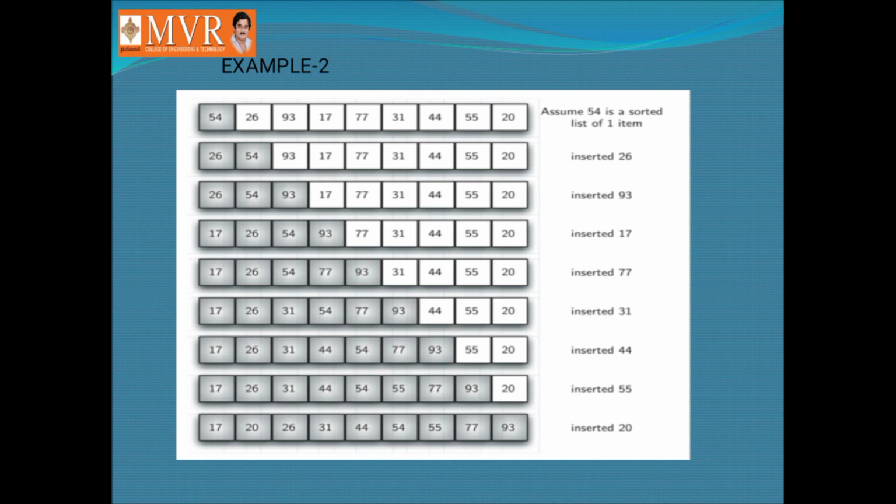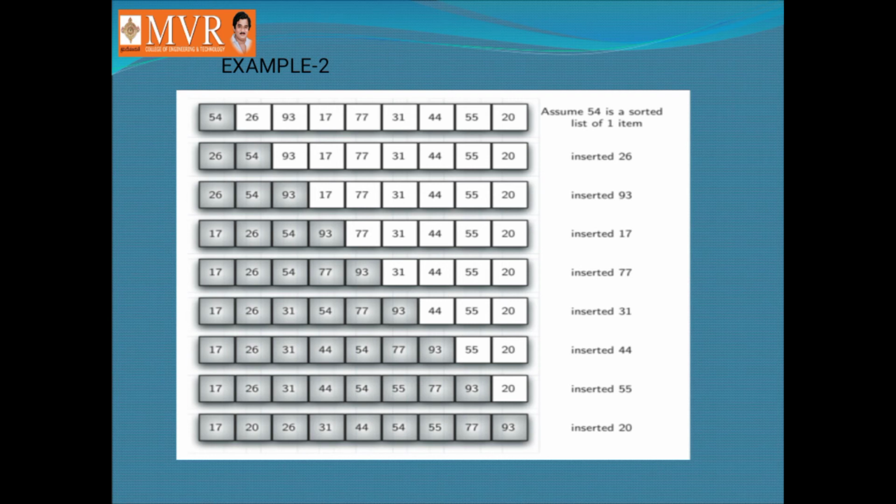I compare 55 with 93, then 77, then 54. Here, while comparing 54 with 55, 54 is smaller than 55. So my element 55 has to appear after 54. So I place it in order.